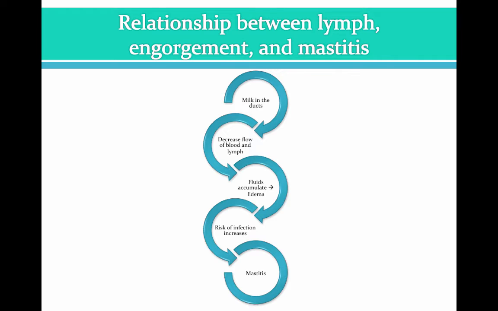So bacteria, in this case, will multiply faster because you have all these stagnant fluids hanging around. And then that's why a poorly drained breast can ultimately lead to mastitis, which is an infection of the breast.